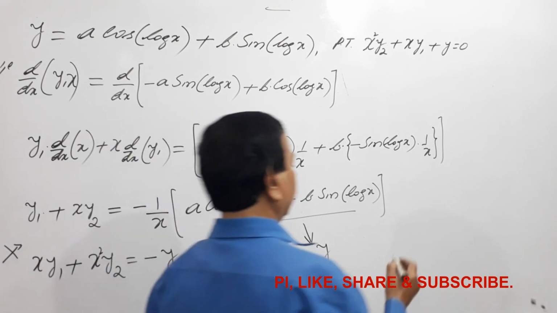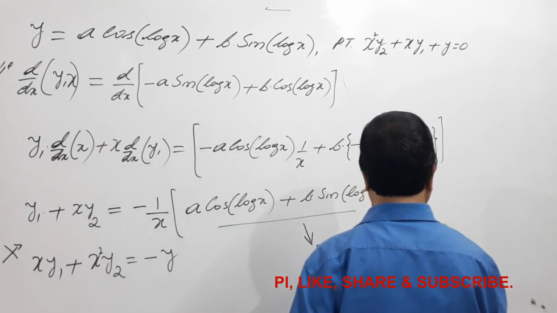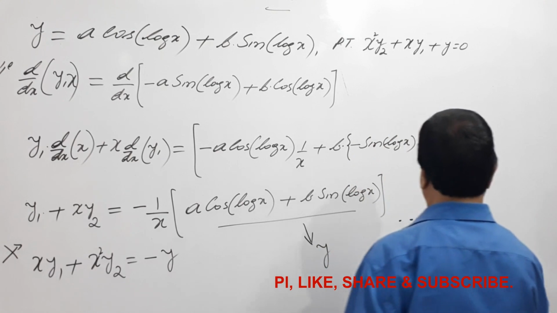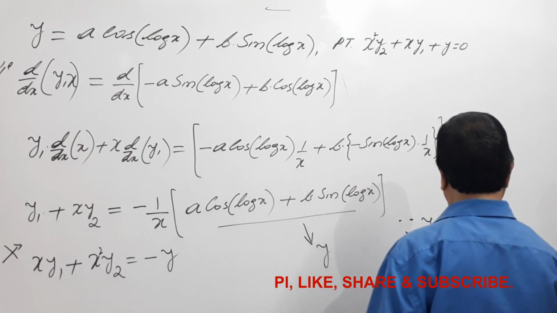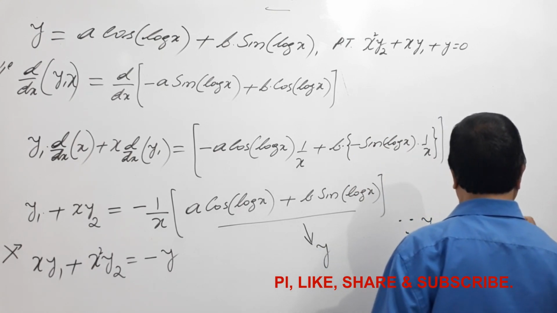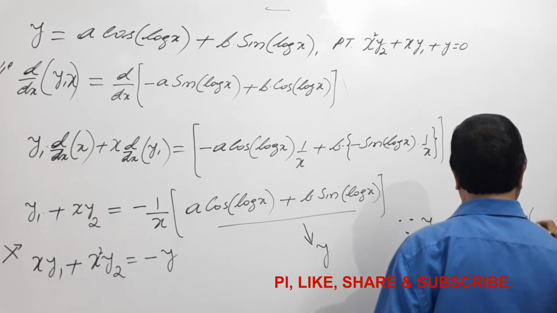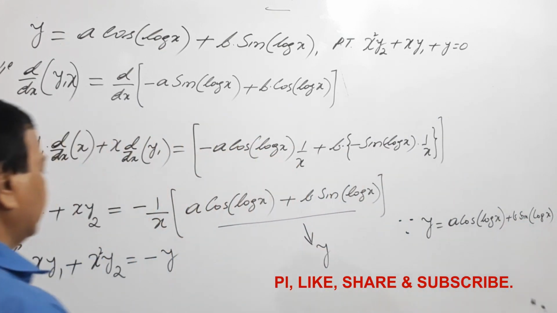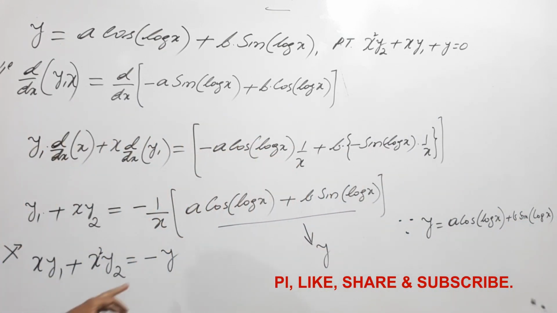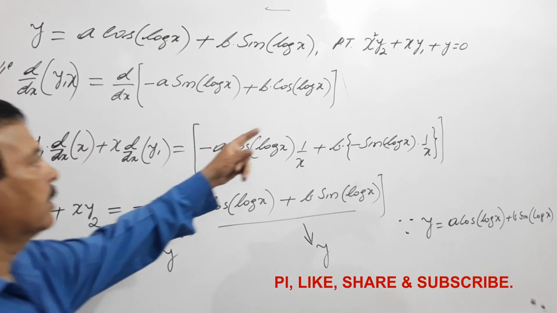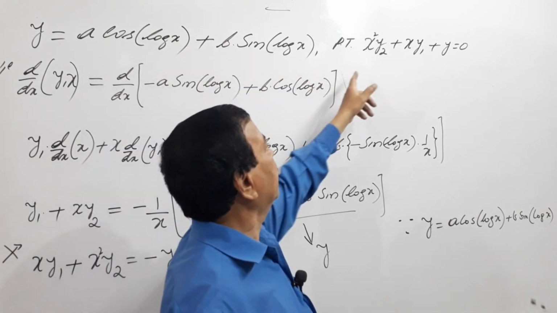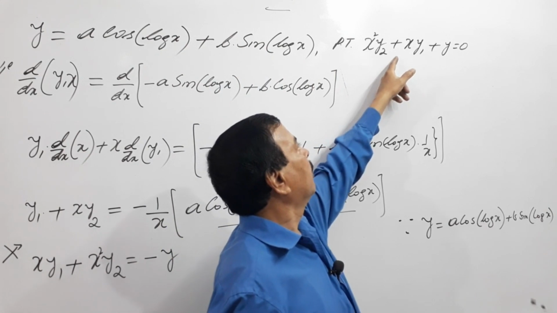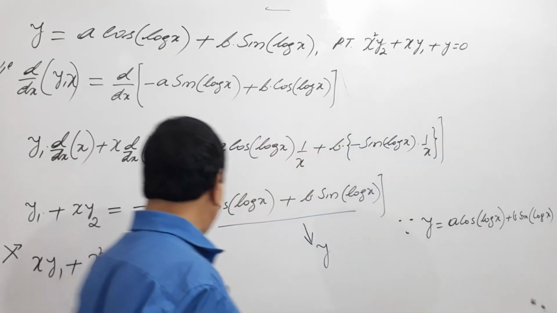You can write if you want, since y equals a cos log x plus b sin log x. So what has happened here? x y1 plus x square y2 equals minus y. If you bring it here, what he wants to prove is x square y2 plus x y1 plus y. We have got it.